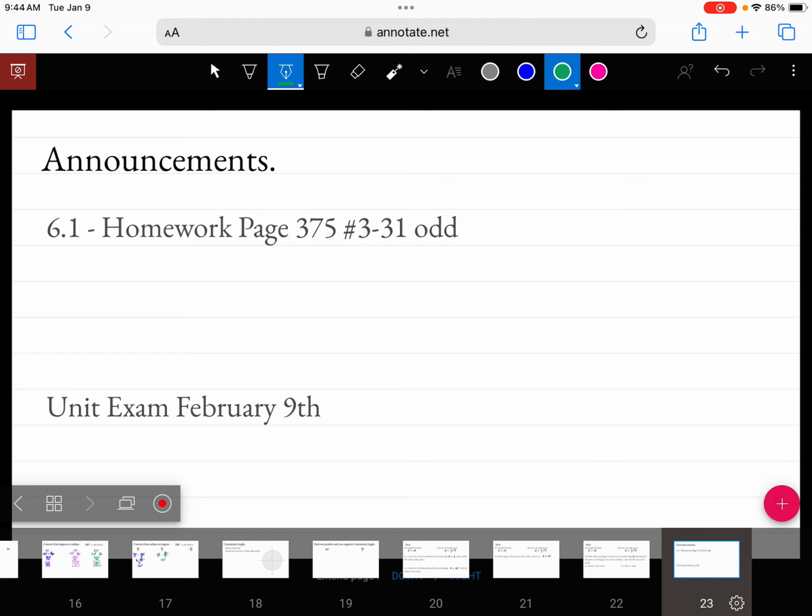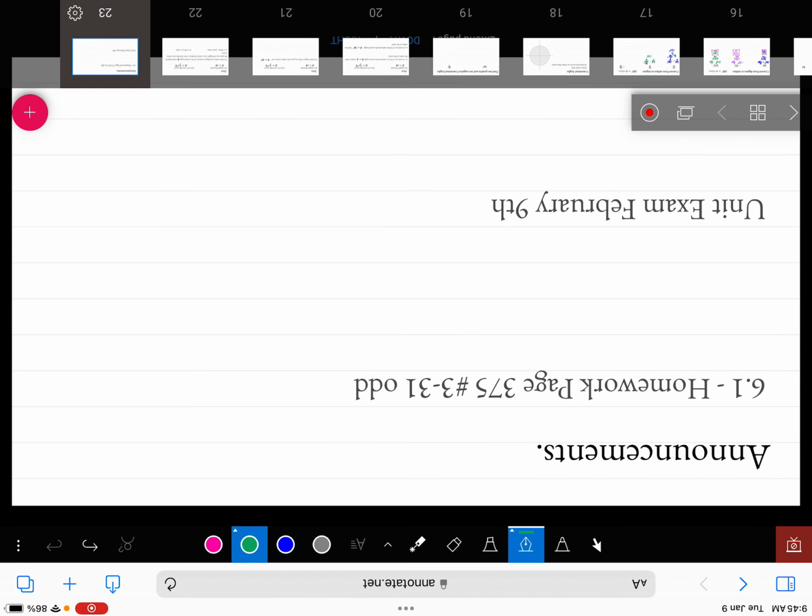I think there's like 2 questions on the homework that we haven't touched yet, but just 2. All right. Drop my ruler.